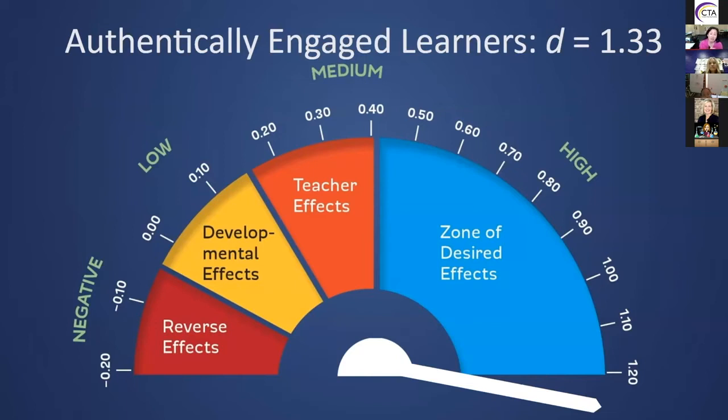Another interesting thing is that this also comes from the work of Dr. John Almarode when he talks about assessment capable learners. Assessment capable learners also have an effect size of 1.33 because emotionally and intrinsically they're involved in learning, and they know where to go next.